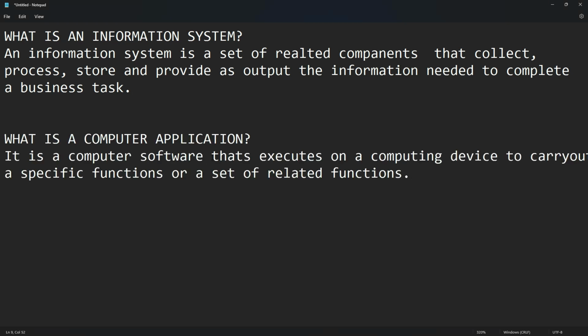They are never the same. So if you are asked for the difference between an information system and a computer application, you can just use the definitions, and then between them you can use a conjunction or something. Is it conjunction you call it? Yeah. So that you just bring them together.